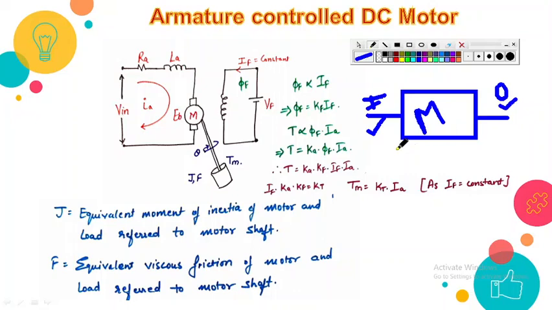For torque to be produced, it is essential that there must be two fluxes, interacting with each other and displaced in phase. We can call them phi 1 and phi 2, and due to their interaction, the torque is developed.